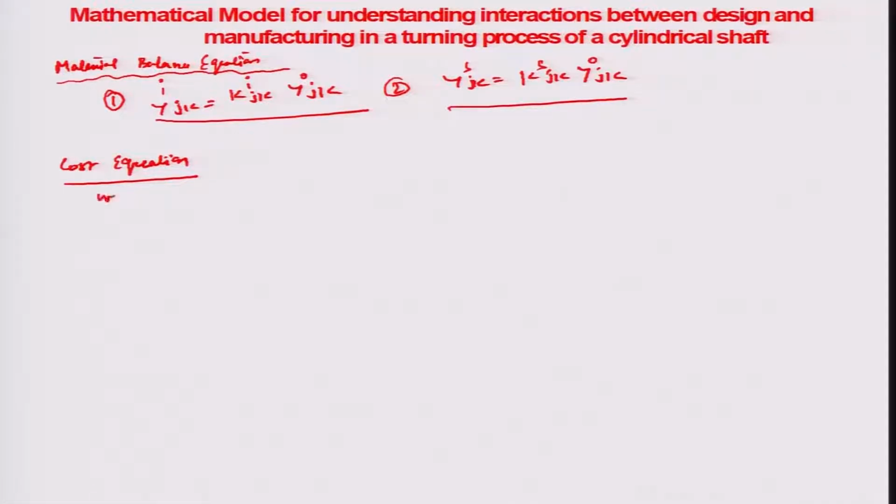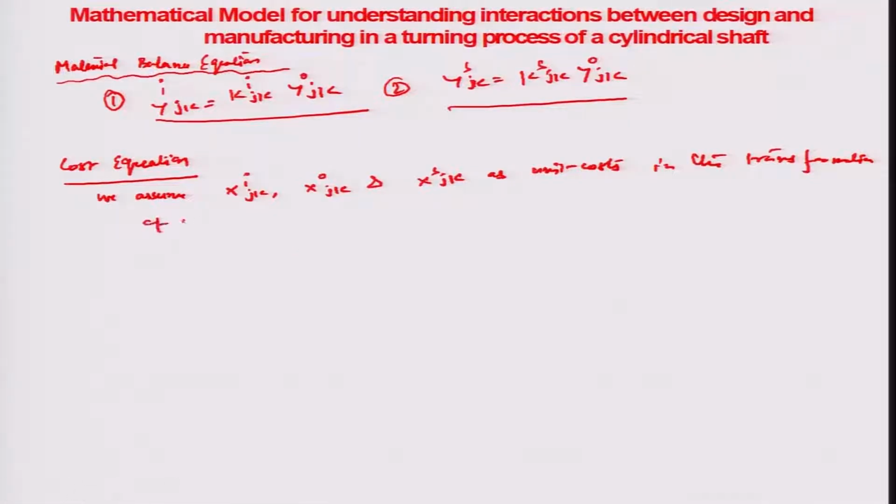So, we assume x i j k, x o j k and x s j k as unit costs in the transformation process of the material. So, this is the cost per unit material of the input, output and scrap unit material.